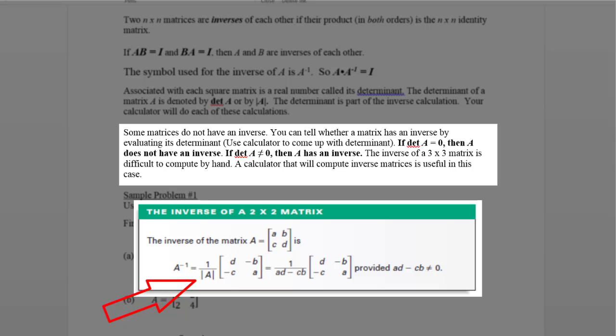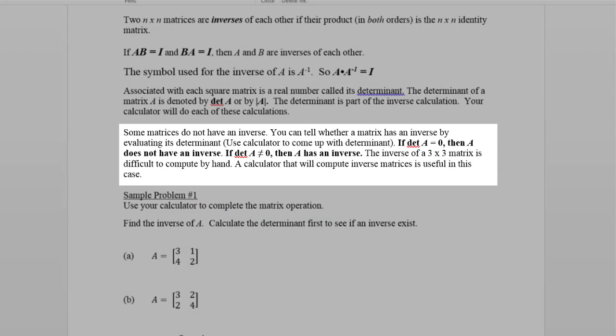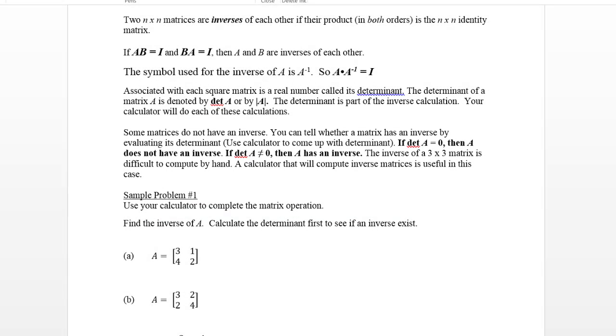If that determinant is equal to 0, then the matrix does not have an inverse. You'll understand that a little better when we show you the manual calculation of an inverse later in class. If the determinant is not equal to 0, it can be any other number, then that matrix has an inverse.